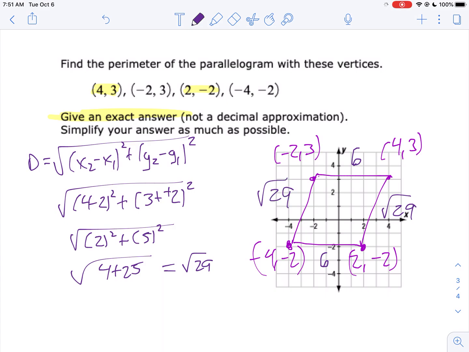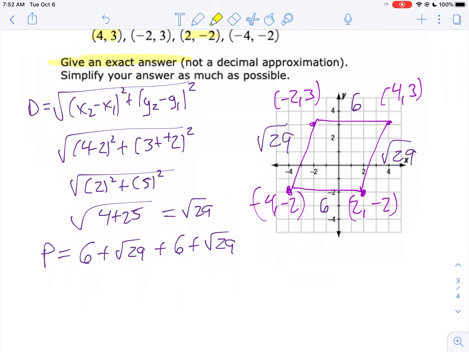We can see that. So the perimeter is 6 plus the square root of 29 plus 6 plus the square root of 29. Well, we simplify that. We can add the 6's up. So we get 12. And we have 2 square roots of 29. And there's your answer.